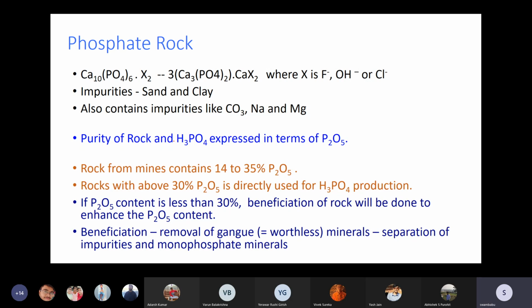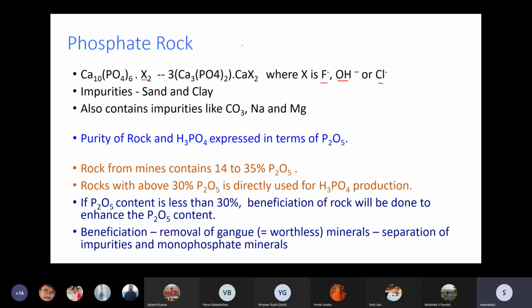The typical phosphate rock formula is Ca10(PO4)6X2. So this X could be anything. It could be fluoride, hydroxyl, or chlorine ions, depending upon the impurities present.